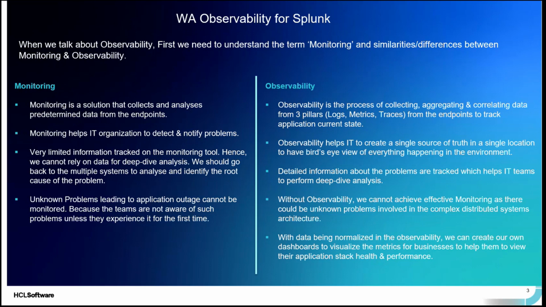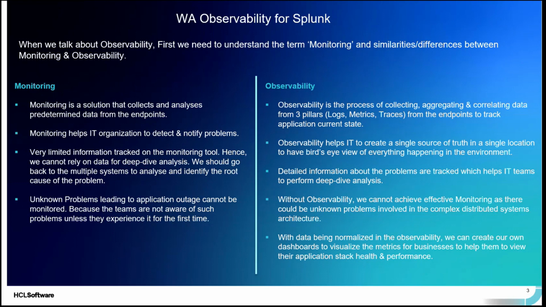Logs, in simple terms, are nothing but the transactions of events occurring within the system, and metrics are quantitative measurements that offer a snapshot of the system's performance over time, and traces help to track the flow of a request through the various services that might be part of the application or a distributed application deployment, right?